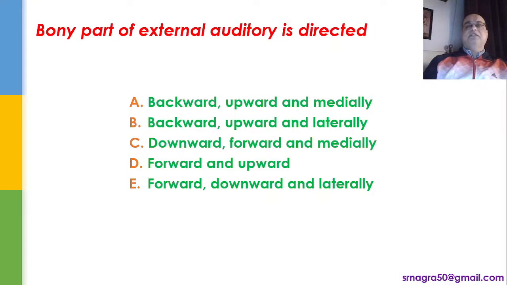Bony part of the external auditory meatus is directed. So instead of being confused that what is the direction, just assume that a person or a patient is sitting in front of you and his external auditory canals will be like this.